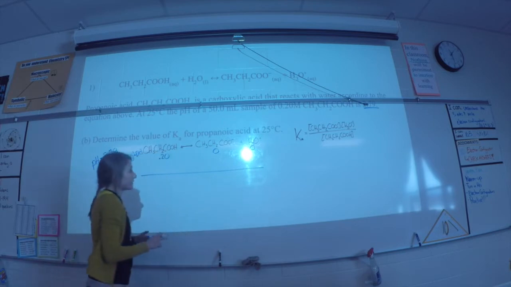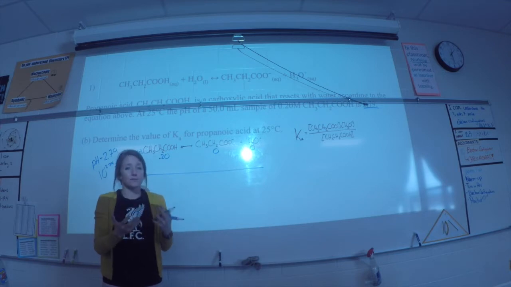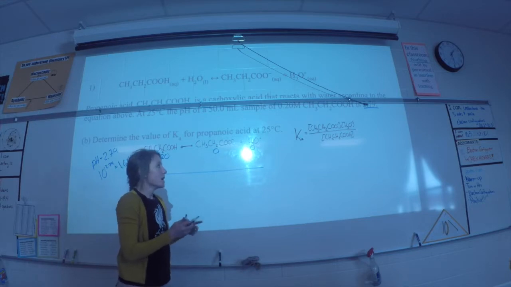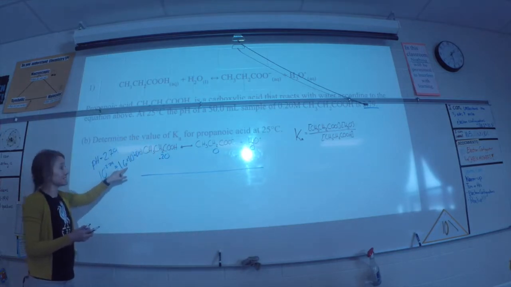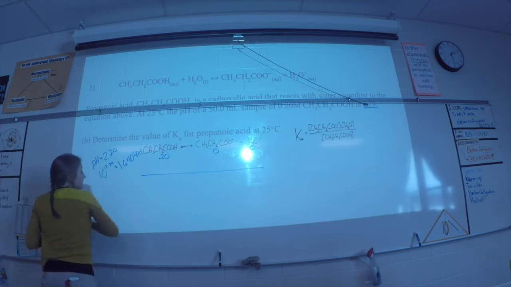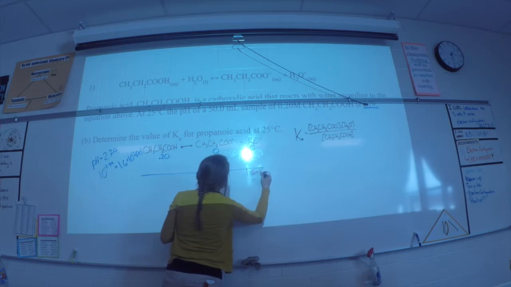The other thing that threw a lot of you off in setting up your RICE chart is you used X's. But if you're trying to find Ka, you can't use X's because that's too many variables to solve for. The reason why we don't have to use X's is because of this. This tells us the amount of H3O plus at equilibrium.